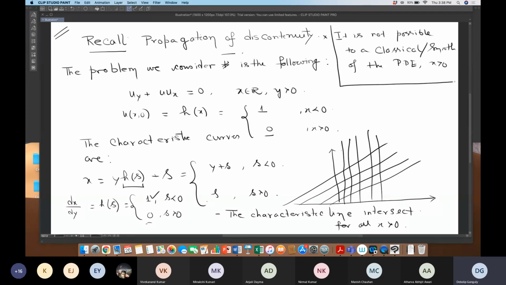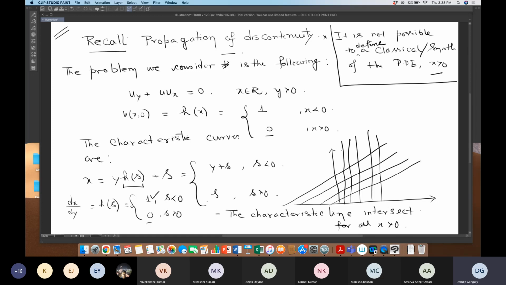This is the conclusion. We have already seen that if the characteristics intersect, then there is a discontinuity in the solution. We have seen all these things. So it is not possible to define a classical or a smooth solution of the PDE for x positive.